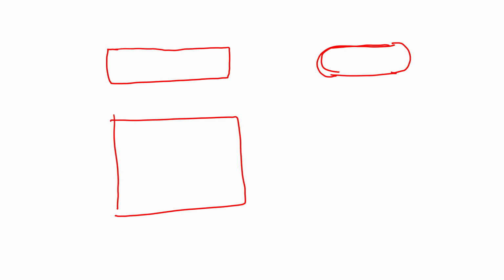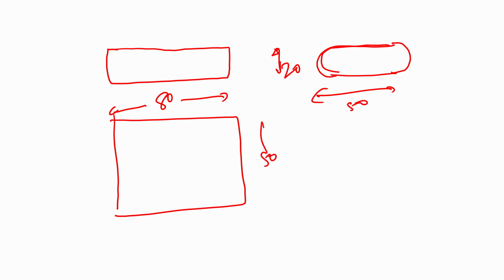And why these have been adopted like this is, if I give a common dimension here, it looks around 20 millimeters, and this looks like 80 millimeters, and this looks like 50 millimeters.